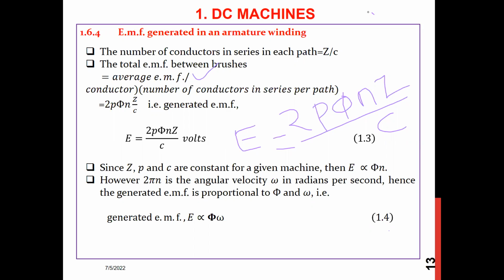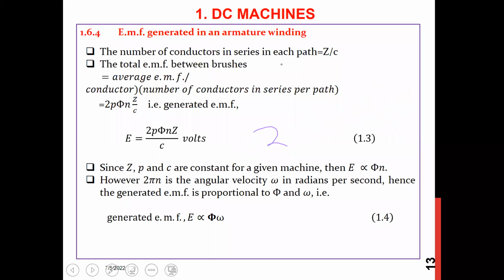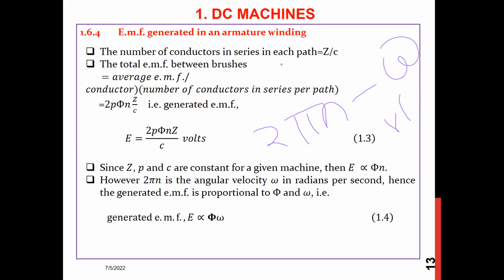However, 2 pi n is the angular velocity, in radians per second.